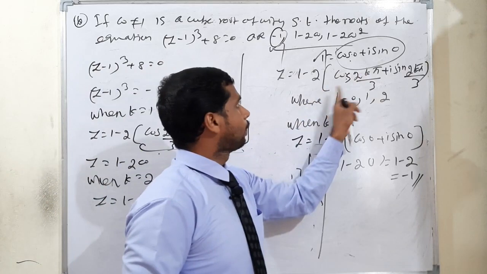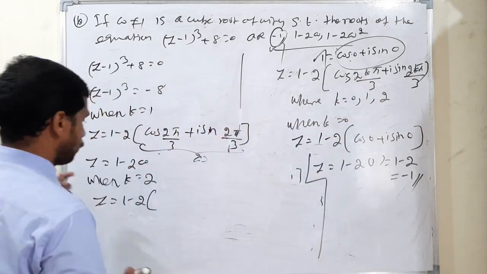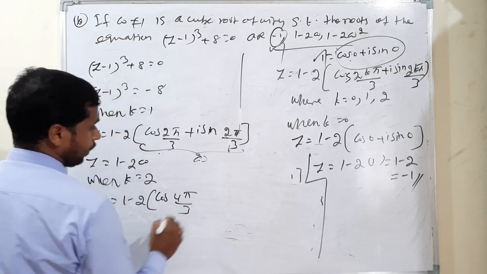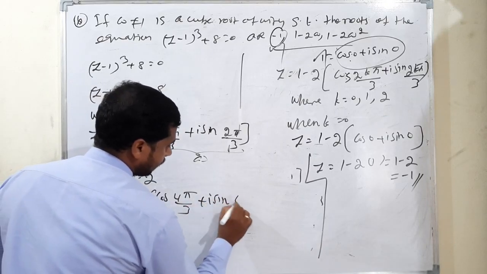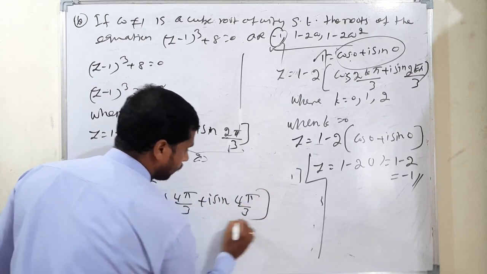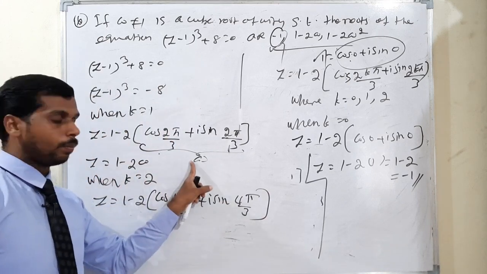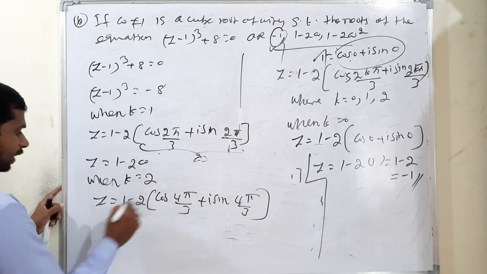Instead of k we can apply 2, so 2 into 2 is 4. So 4, cos 4π by 3 plus i sin 4π by 3. If we have 2π by 3, we can consider it as omega. Here 4π is there, so how to expand?